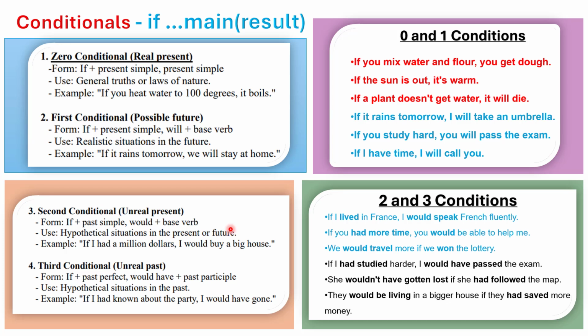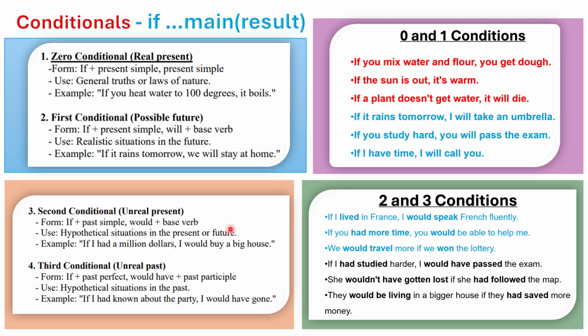Maybe it happens, maybe not. Not like the zero conditional, which is real, facts, always true. But here maybe true, maybe false. So, a realistic situation. For example, if it rains tomorrow, we will stay at home. Maybe we stay at home, maybe not, but it's possible we can stay at home.